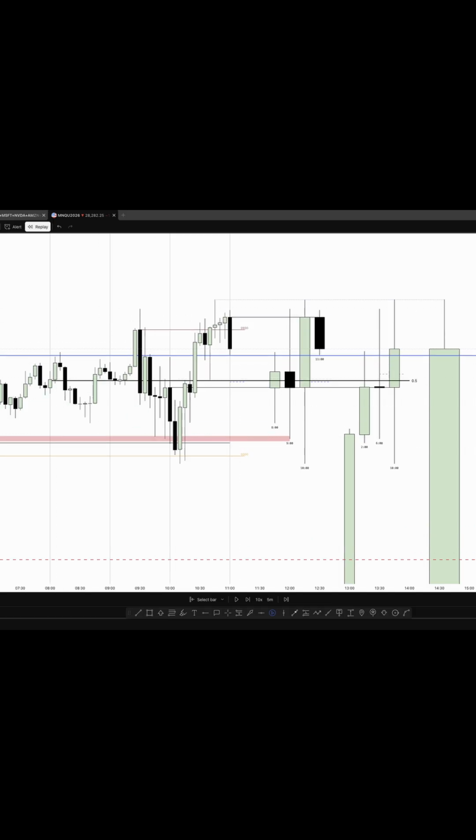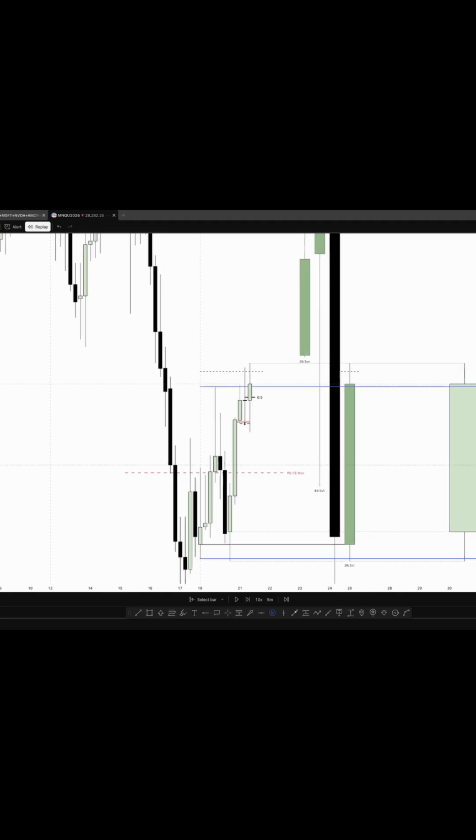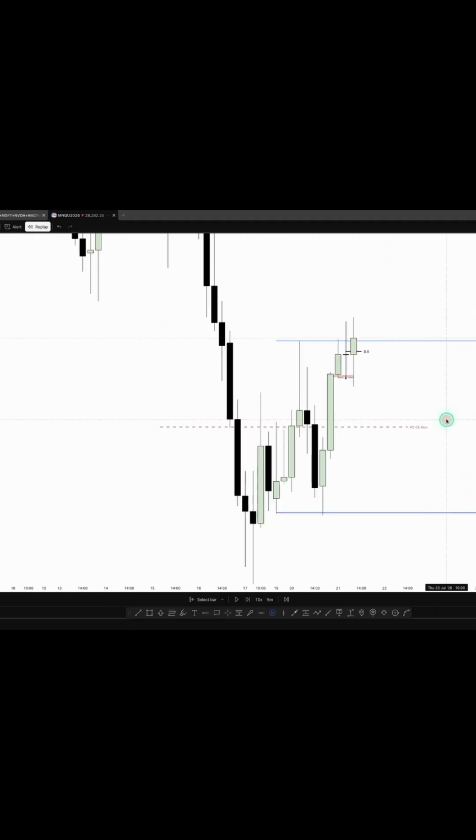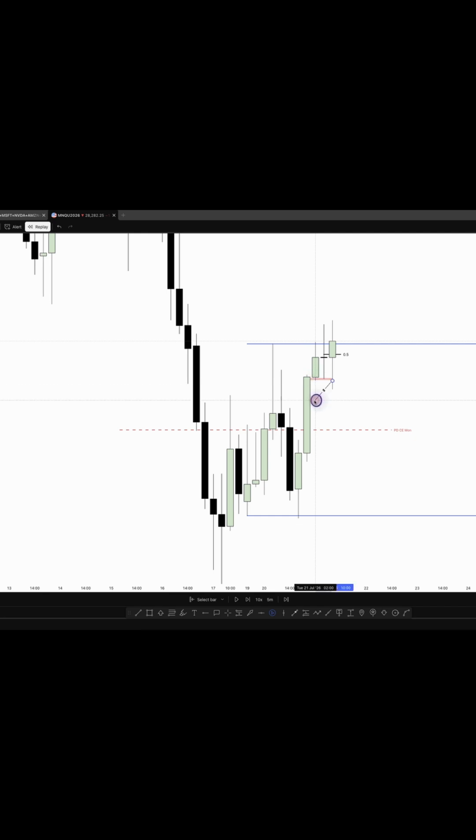Now, also this day, if I go to the 4 hour time frame, you'll see that we also have a 4 hour bullish fair value gap.